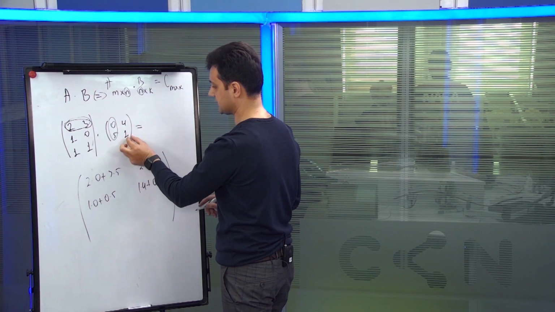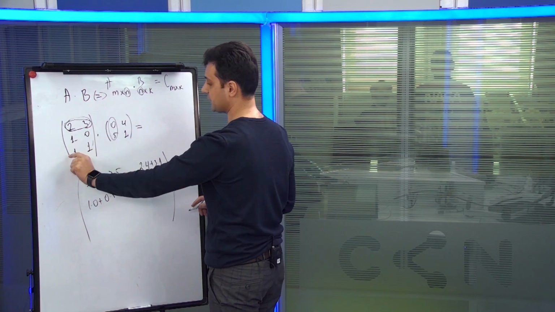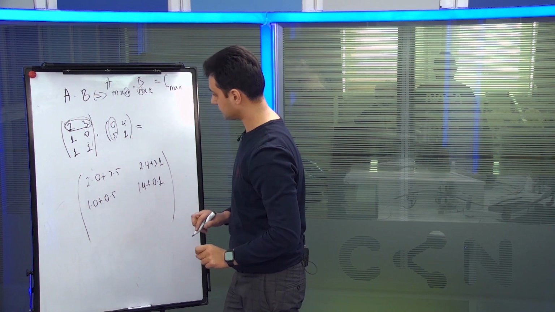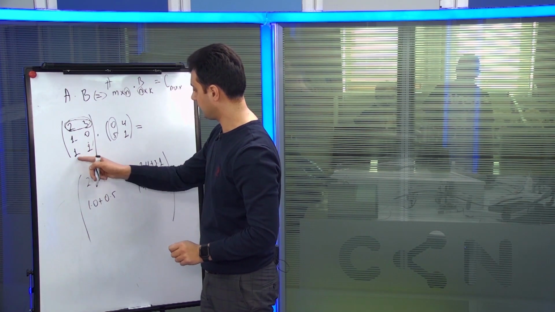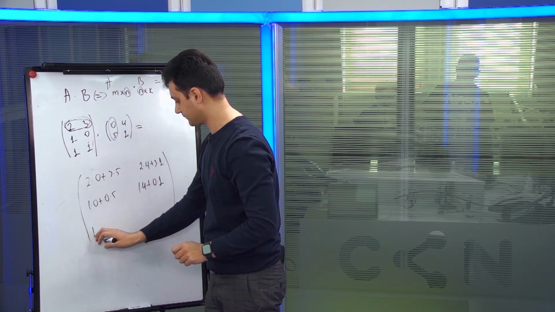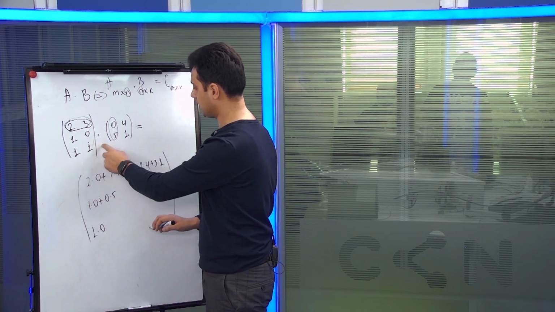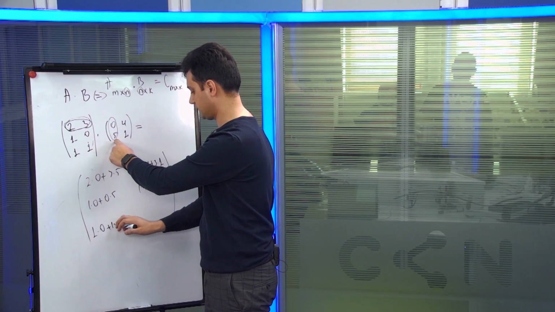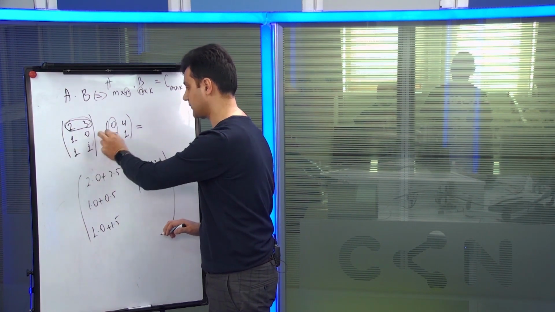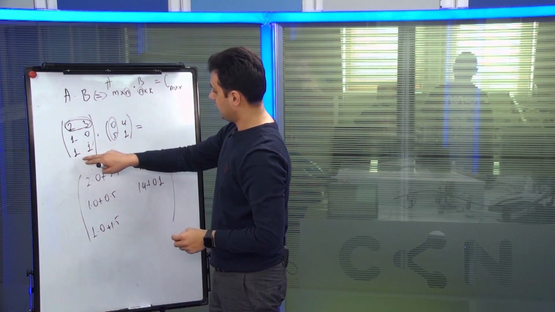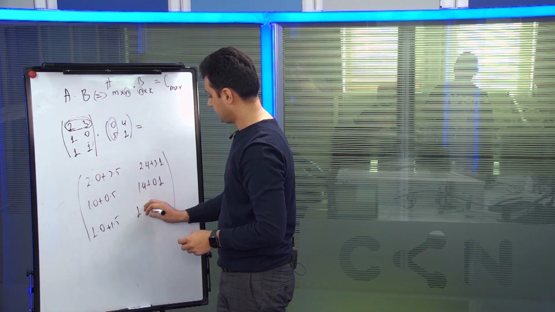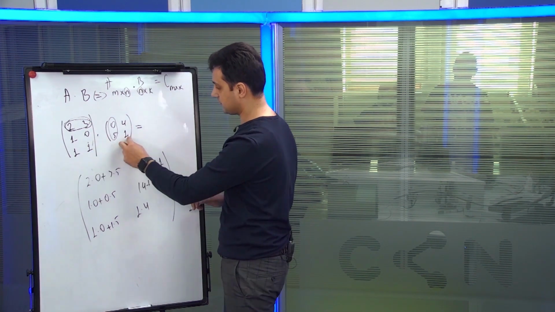So we finish the second row. Now the third row elements will be 1 multiplied by 0 and 1 multiplied by 5, the third row elements multiplied by the first column of the second matrix. Well, 1 multiplied by 4 and 1 multiplied by 1.